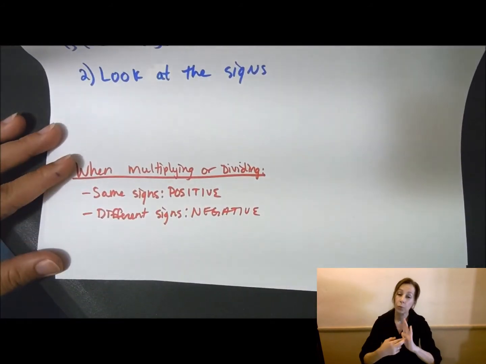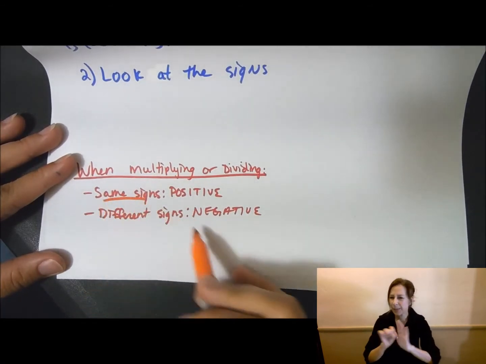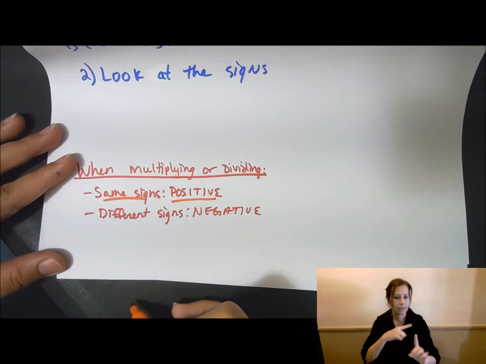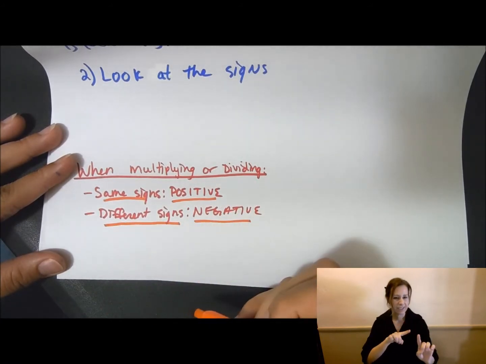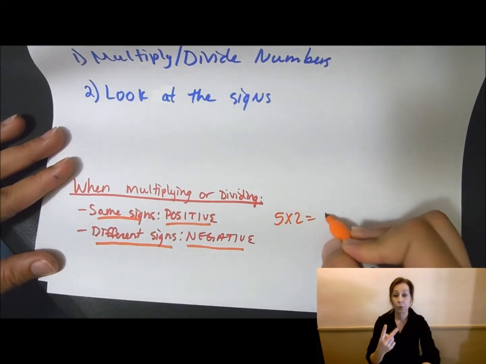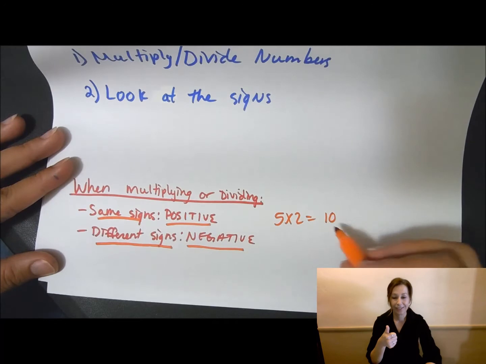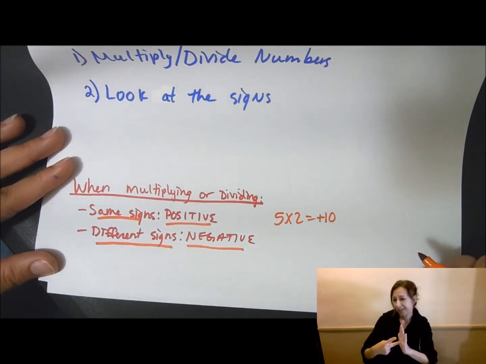These are the rules for when you are multiplying or dividing integers. If they're the same signs, your answer will be positive. If they're different signs, your answers are going to be negative. For example, if I have 5 times 2, I know that's 10. And remember, if I don't see a sign in front, it's implied that it's positive 10.